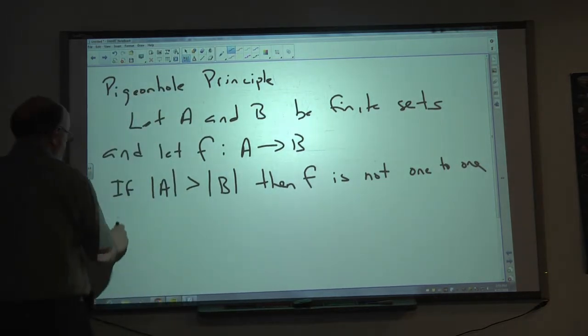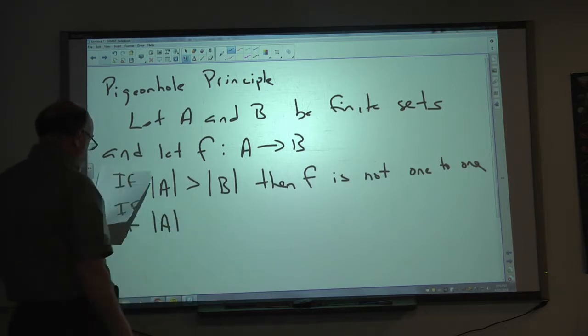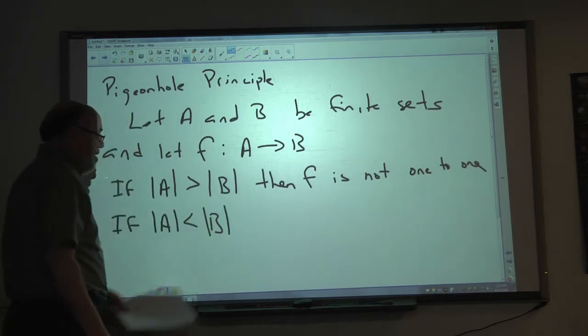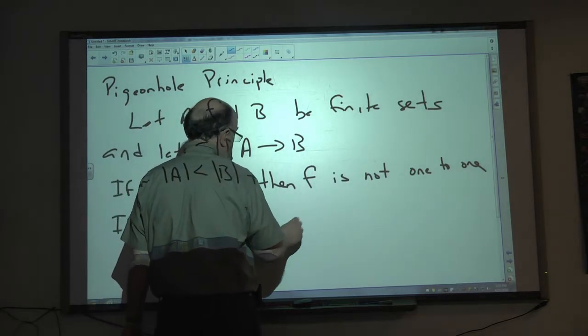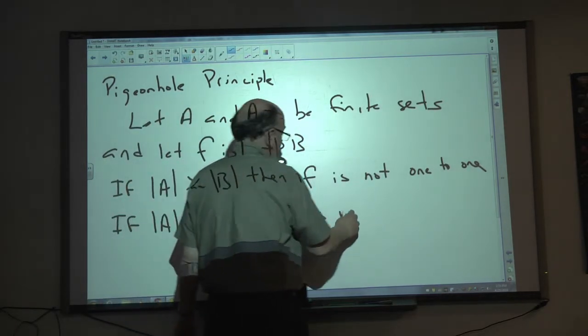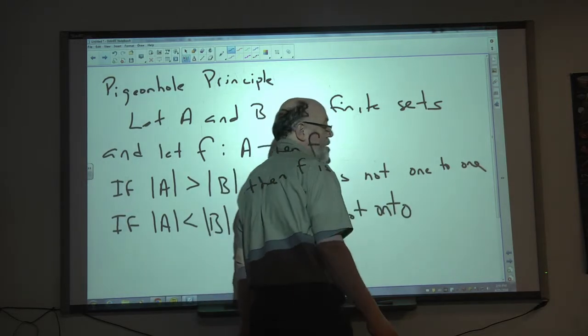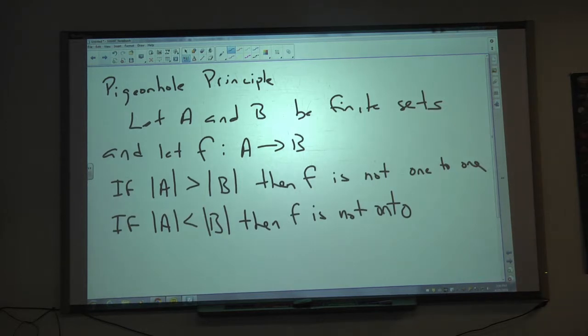And if the cardinality of A is less than the cardinality of B, then F is not onto.